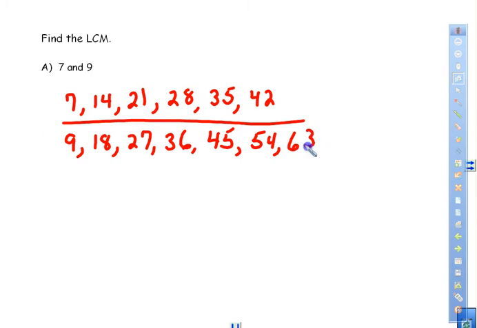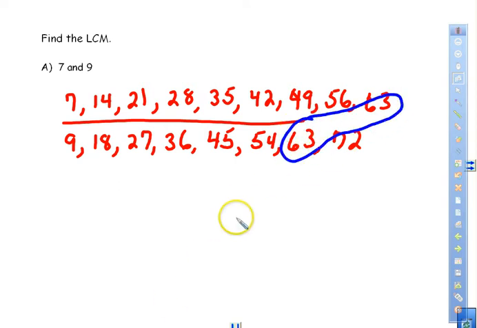So I get 63, 72, and now I'll get myself caught up, add 7 more onto that, which is going to give me my 49, and then 56, and then 63, and I can see right now that I have my 63, and there's my answer.